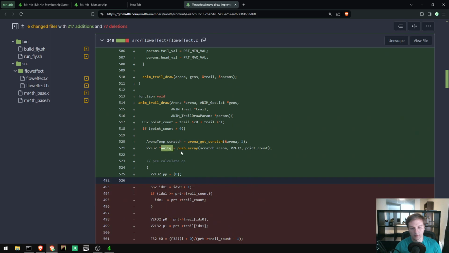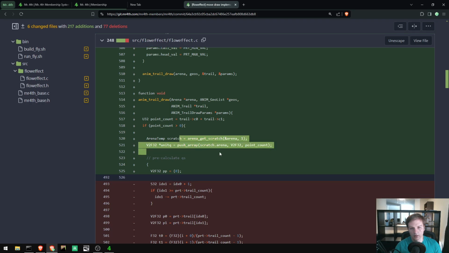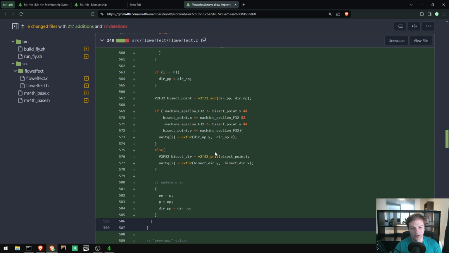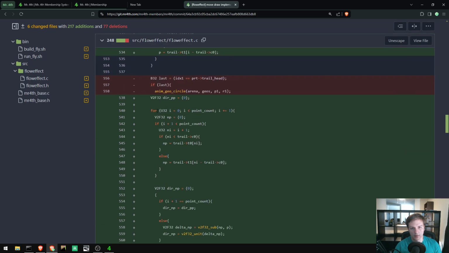In theory, we might be able to compute these Q values in a loop on the fly and emit our triangles from that. But a little scratch memory isn't gonna use up all of our memory. It makes things a little simpler, so I'm not too worried about that right now.